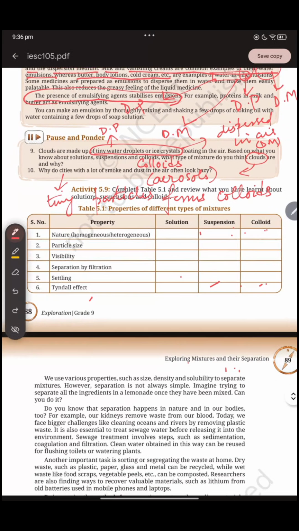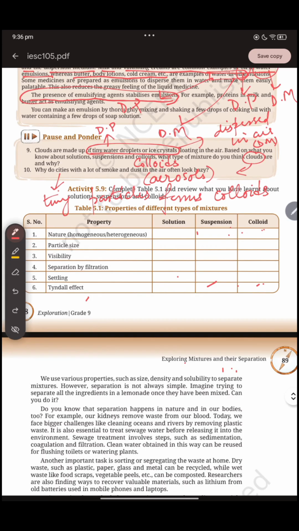Okay. So next, the difference in solution, suspension and colloids based on their properties like nature, whether it is homogeneous or heterogeneous. Obviously, solution, you will say, is homogeneous. What about suspension? Heterogeneous. What about colloid? Is colloid a homogeneous or heterogeneous substance?